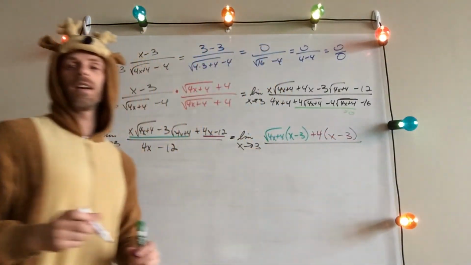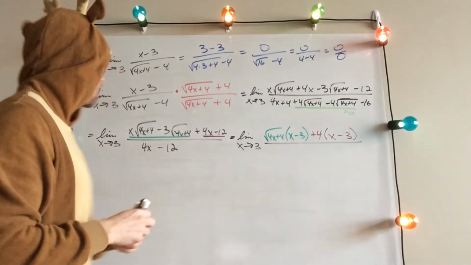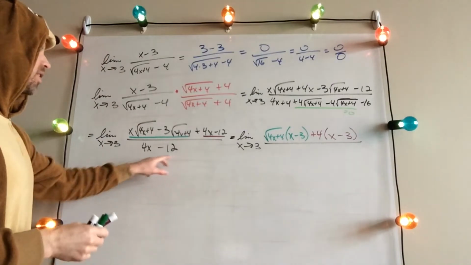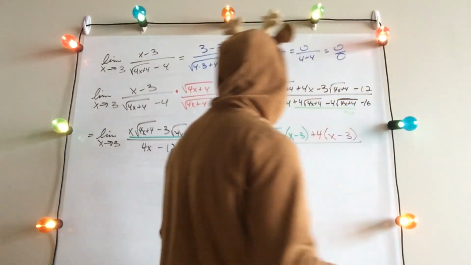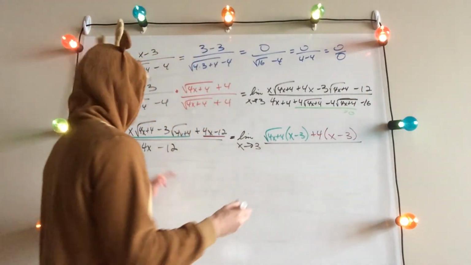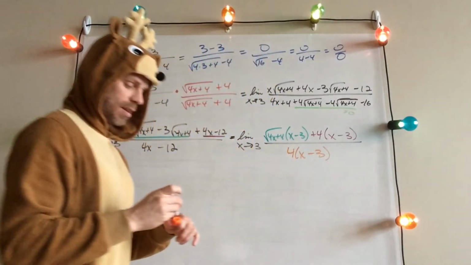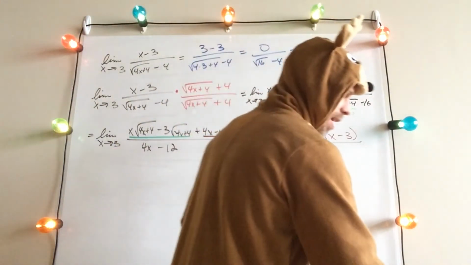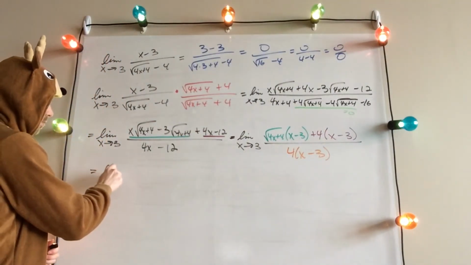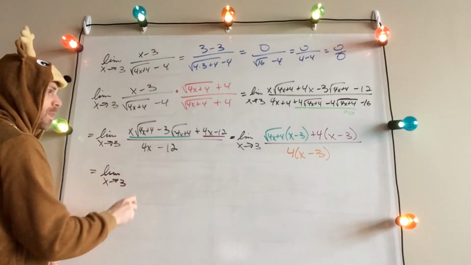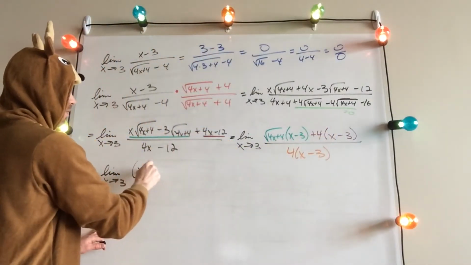oh, look at that. Our two main sets of parentheses there are the same. And then also, this denominator, we could factor a GCF out. All right, that GCF factored out, 4x minus 3. All right, so that's going to help us. That common factor, those parentheses, jumps all the way to the front.